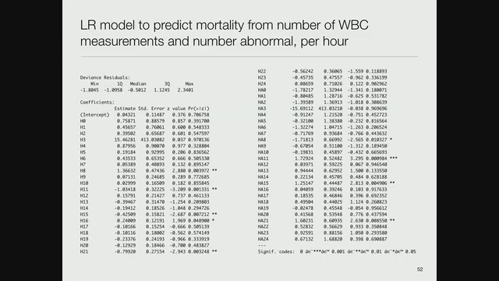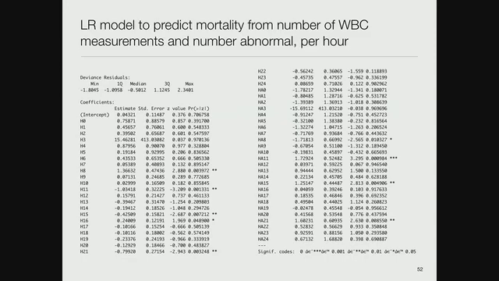Okay, so I said, well, let's just throw it into a logistic regression model, and what comes out is something really weird, which is that a few particular hours are significant, but most of them are not, and that looks like noise to me, right?